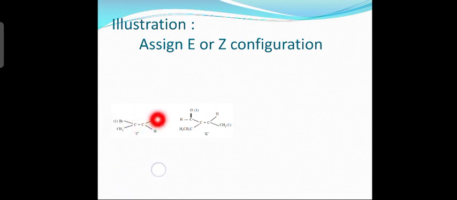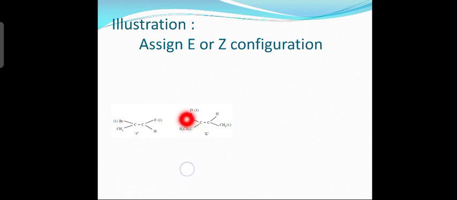They are together. Now in this example you can see a CH3 group on this side, carbon atom atomic number 6. This is also a carbon atom, atomic number 6.